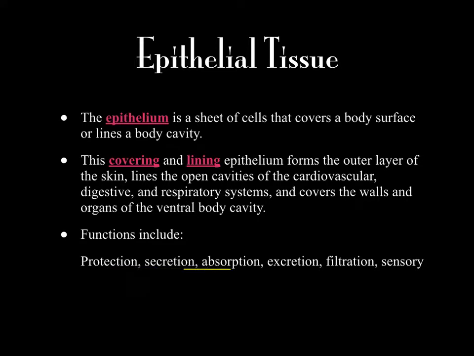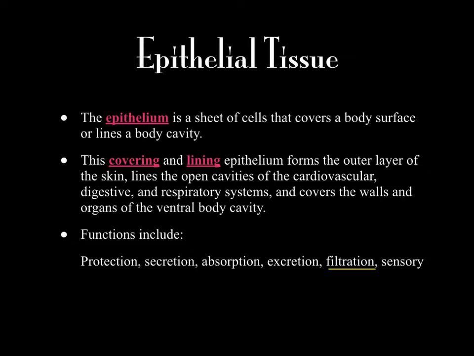Let's focus on filtration. Where might you find epithelial tissue whose job is filtration? A good example of epithelial tissue involved in filtration is the tissue that comprises the capillaries that you find in your kidneys. Remember, it's your kidneys that filter your blood and produce urine.